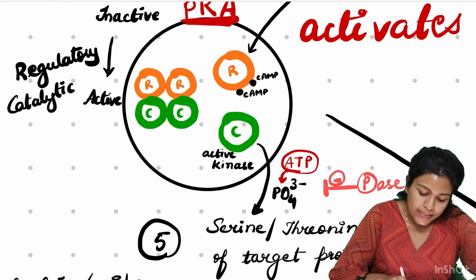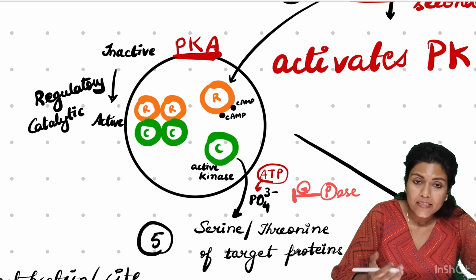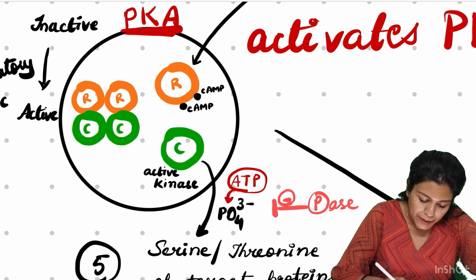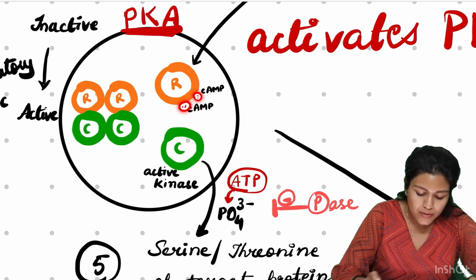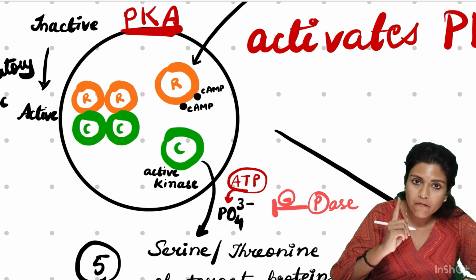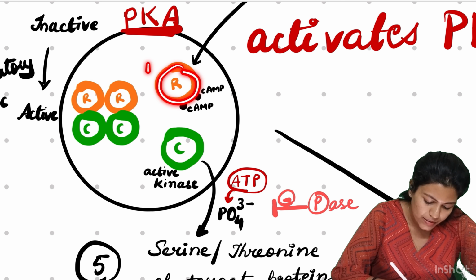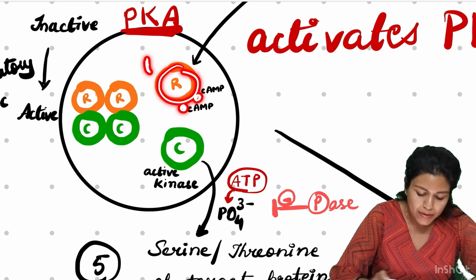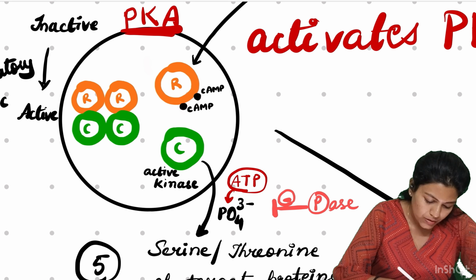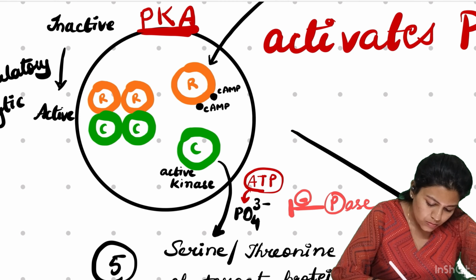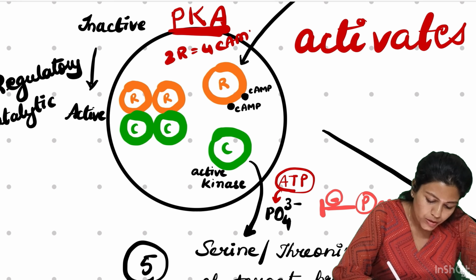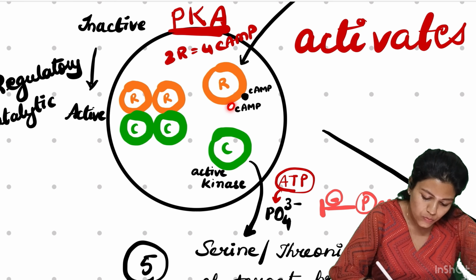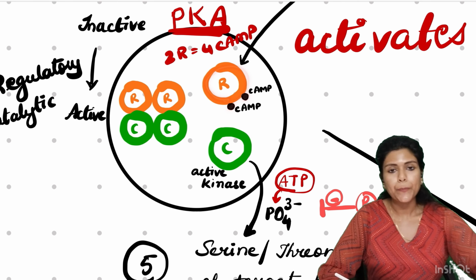Whenever cyclic AMPs are produced, the cyclic AMPs will enter the PKA and bind to the regulatory subunit. For every one regulatory unit, there are two cyclic AMP binding sites. That means for two regulatory units, four cyclic AMPs will be bound. So there are two cyclic AMPs on each regulatory.